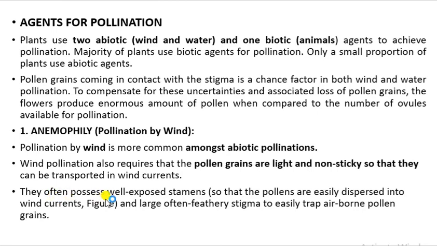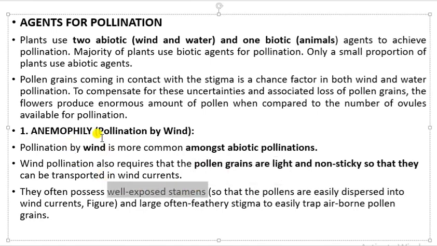Such flowers often possess well-exposed stamens so that the pollen is easily dispersed into the wind. The flowers should also have large feathery stigmas so that they can easily trap the pollen grains present in the air. These are the conditions for wind pollination.